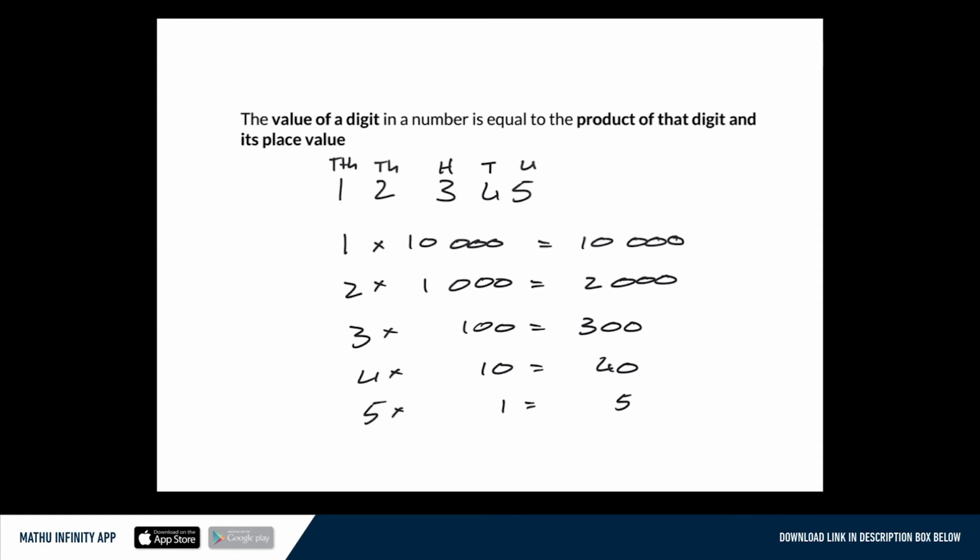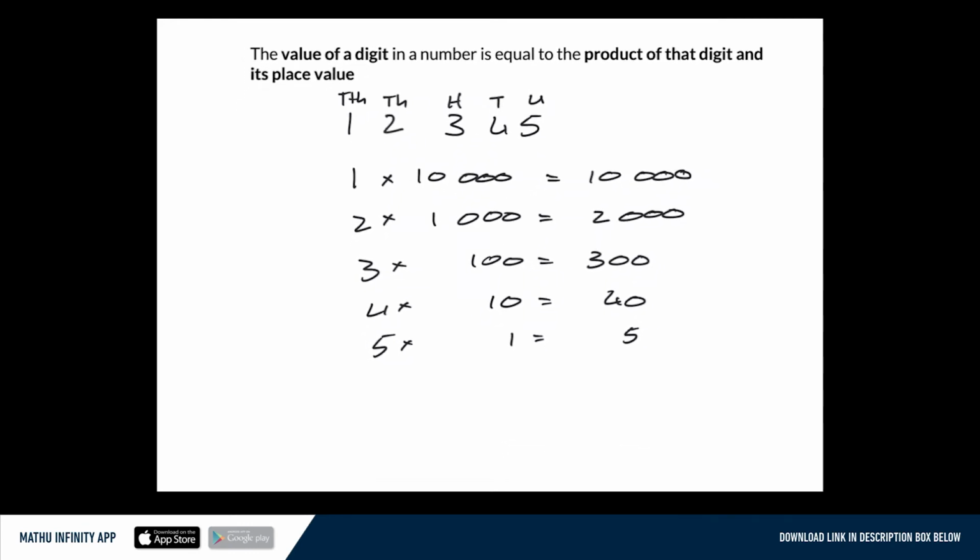If we had to express this in terms of the value of its digits, we often refer to this as expanded notation. We could say that 12,345 is 10,000 plus 2,000 plus 300 plus 40 plus 5.